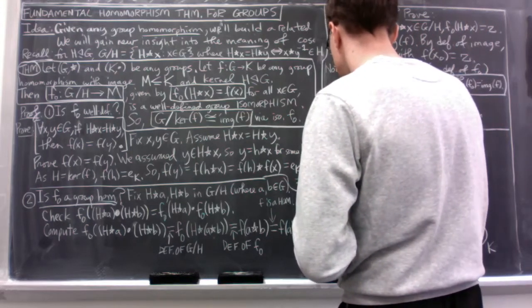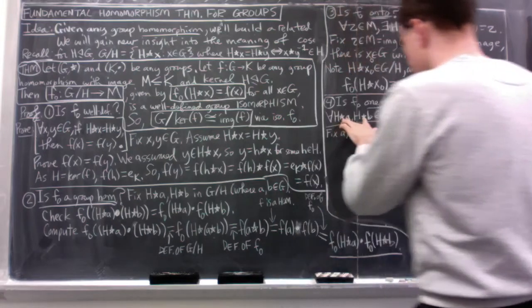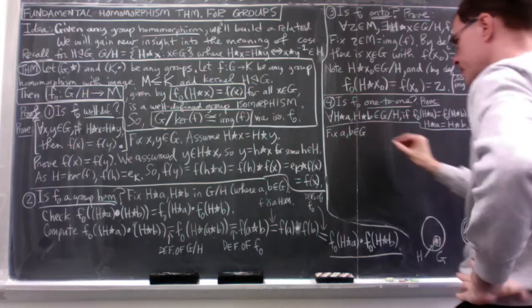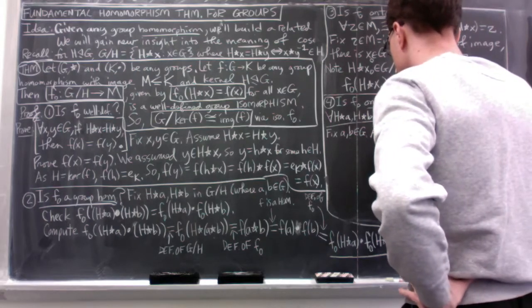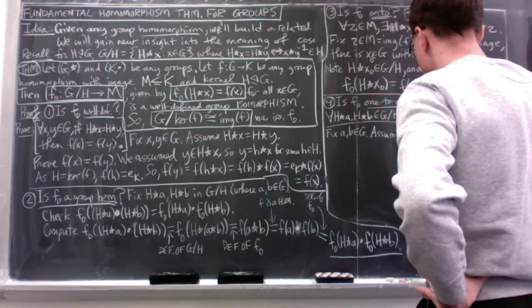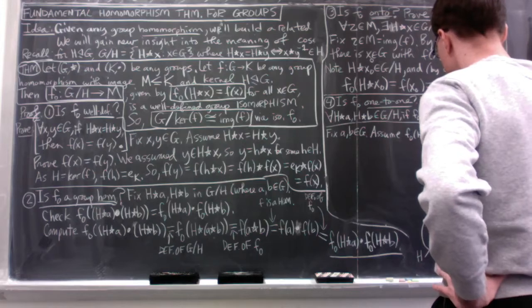So let's fix arbitrary a, b in G, if you like, because every coset is named by elements of G. Let's assume that f naught of H star a is equal to f naught of H star b.